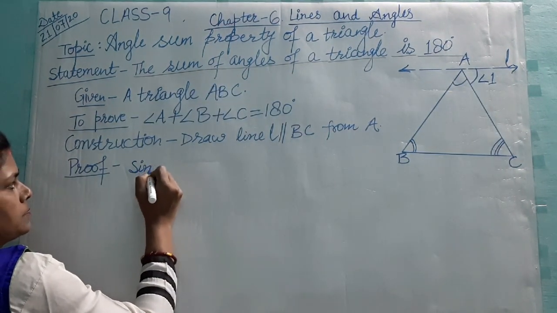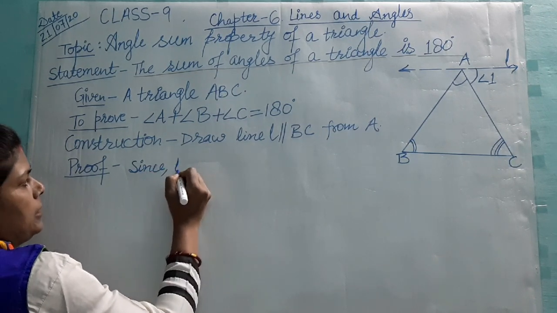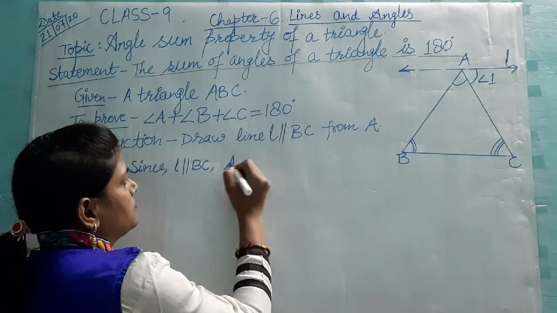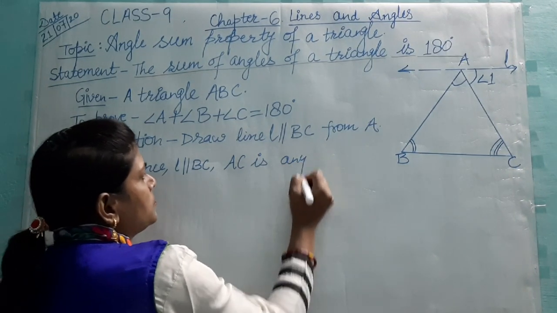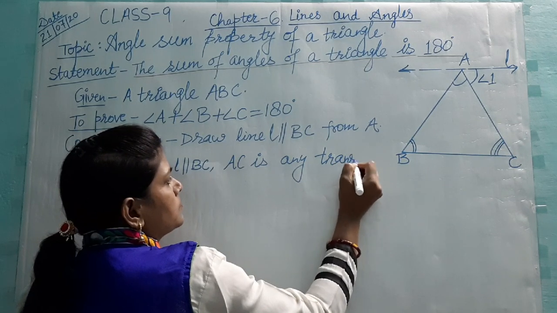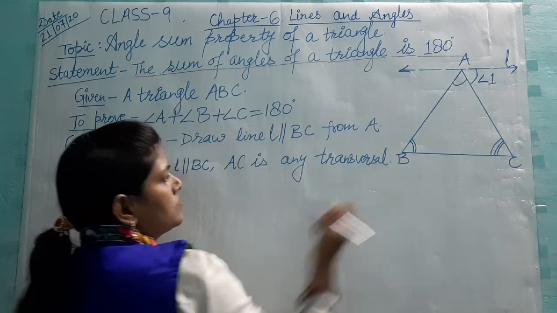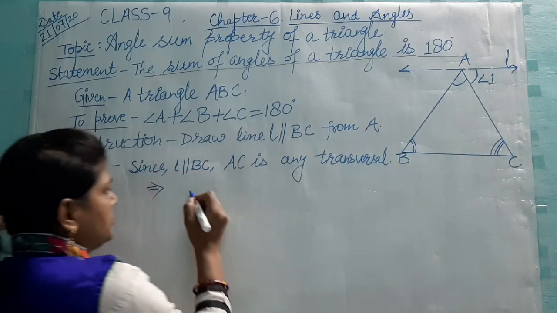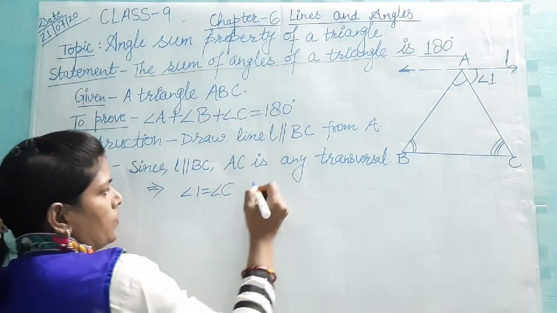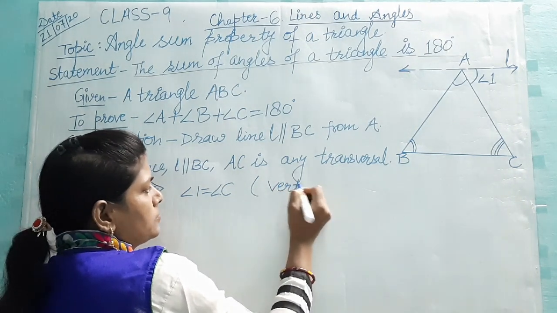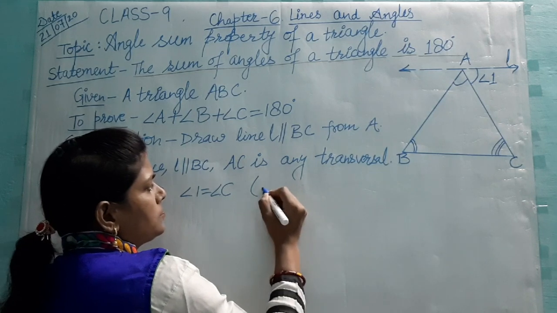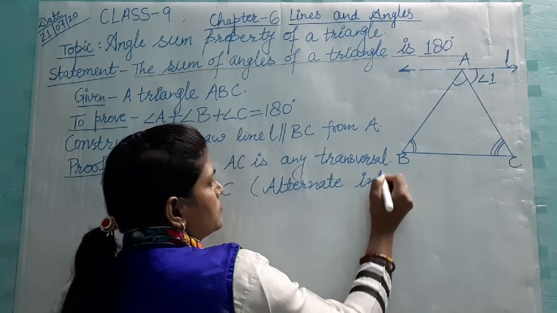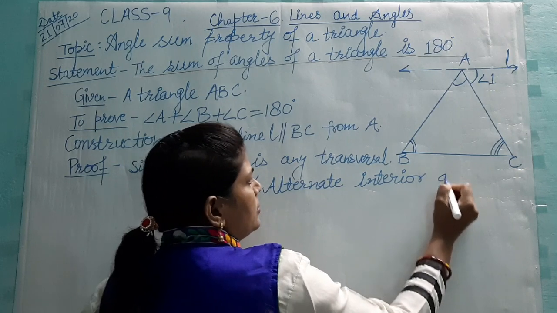Since L is parallel to BC and AC is a transversal, this implies that angle 1 is equal to angle C, alternate interior angles.